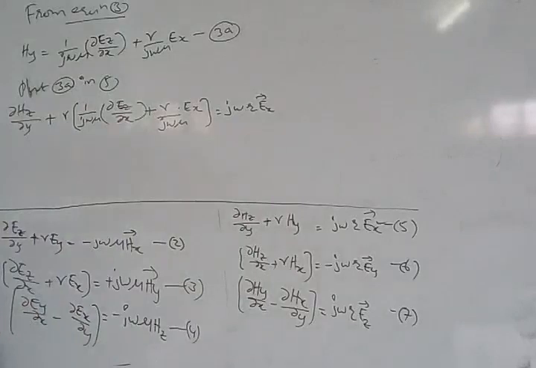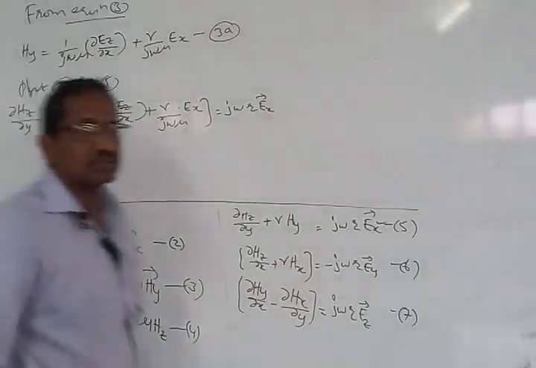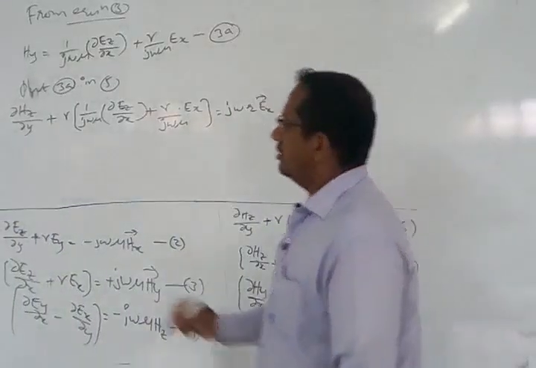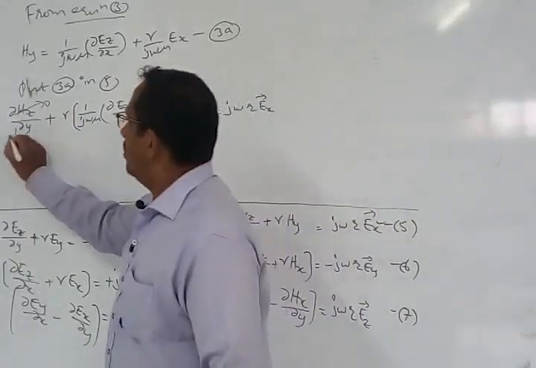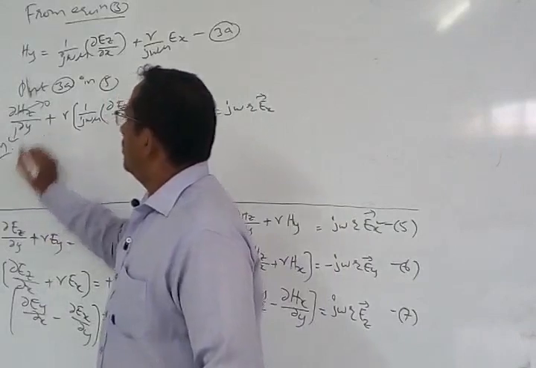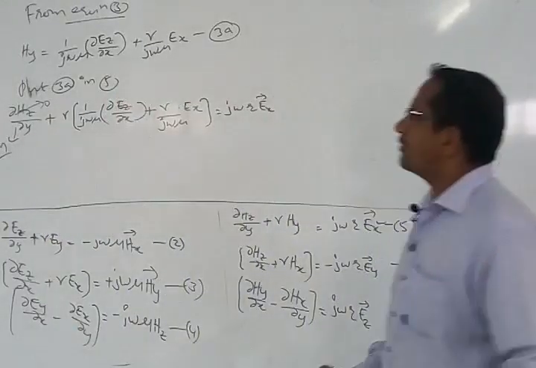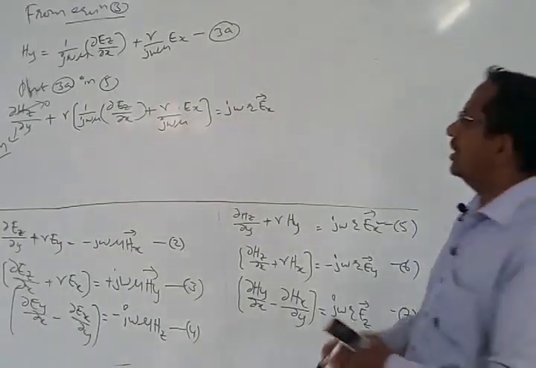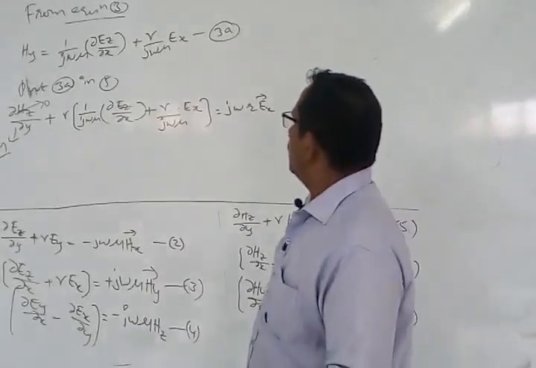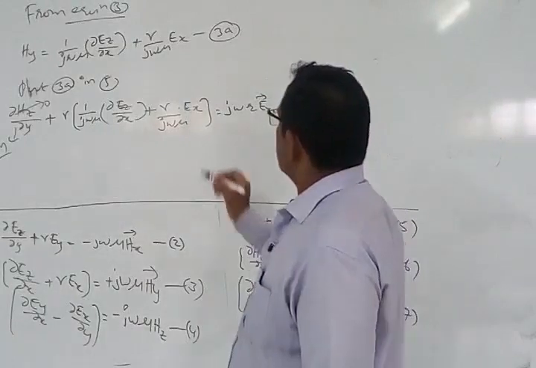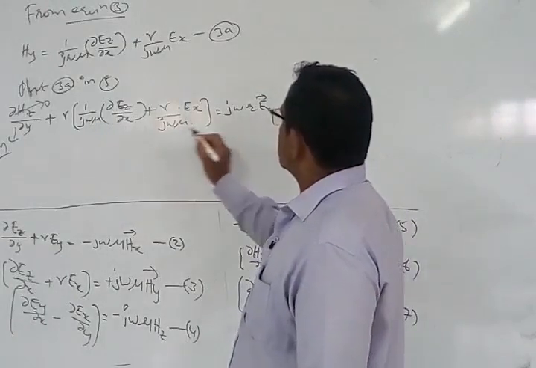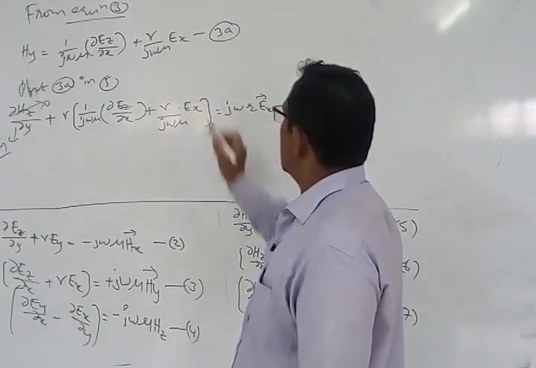Now in the TM mode, what is Hz? In the TM mode, Hz is equal to 0, therefore that factor simply goes to 0. When that goes to 0, if you see carefully, Ex I have over here.